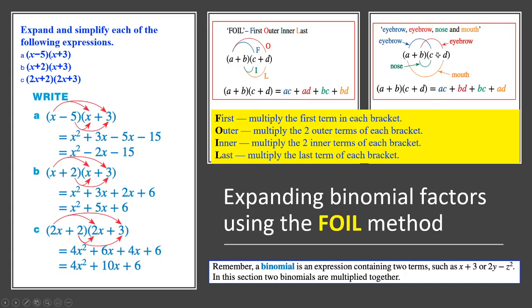Second eyebrow, which is BD, is the same as our last one here. Nose, which is BC, is the same as our inner ones here, BC. And mouth is the same as our outer one, which is AD. So they are the same, it's just a different way of remembering it.